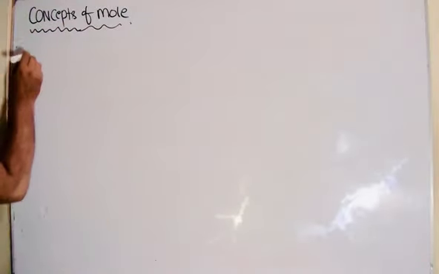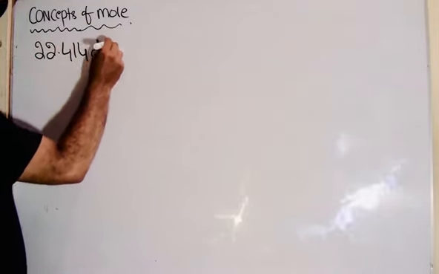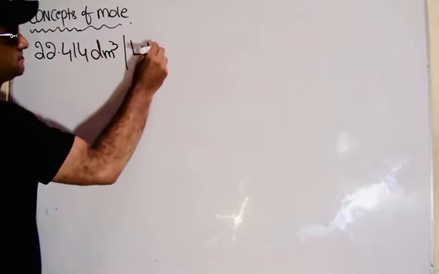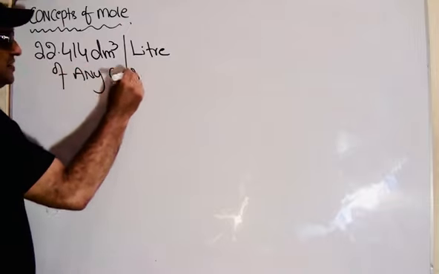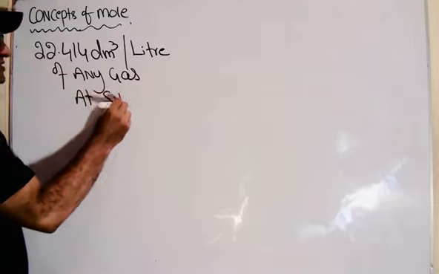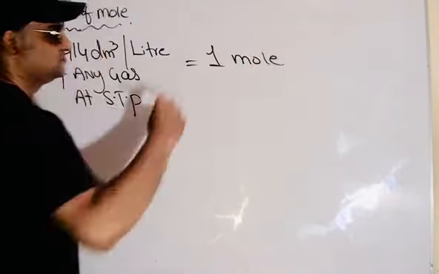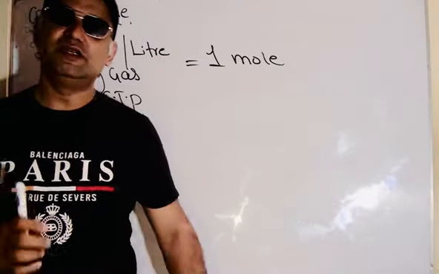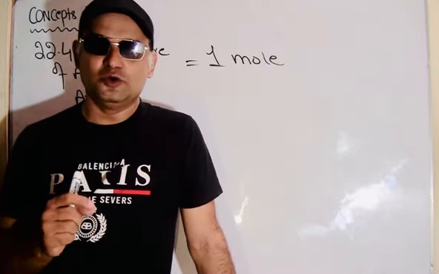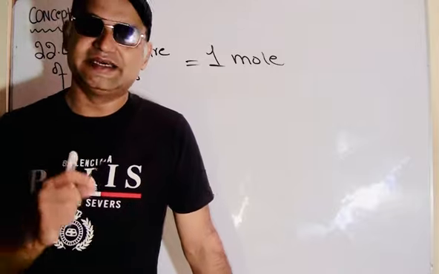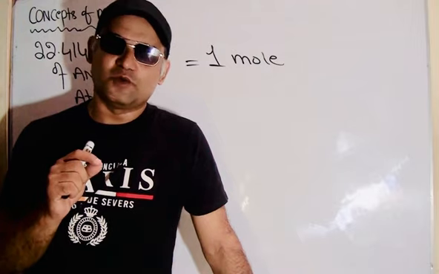If you have 22.414 decimeter cube or liter of any gas at S.T.P, it is always equal to 1 mole. 22.414 dm cube, decimeter cube or liter of any gas at S.T.P is equal to 1 mole.